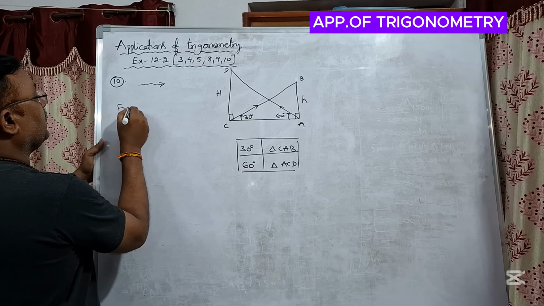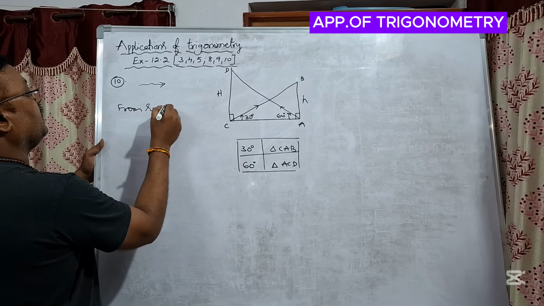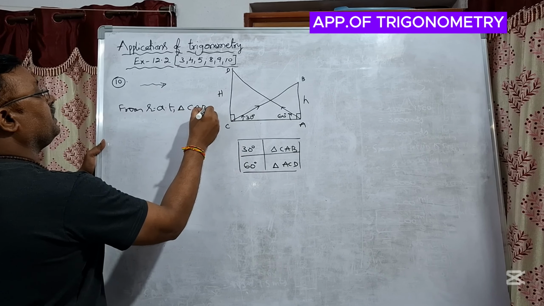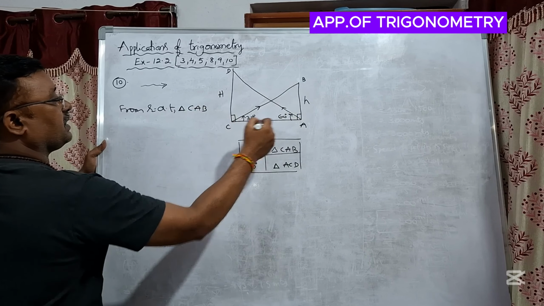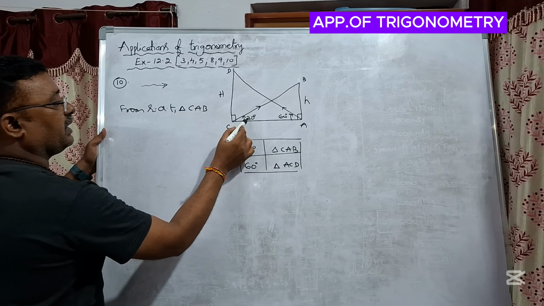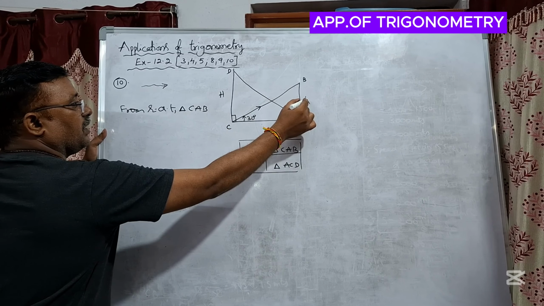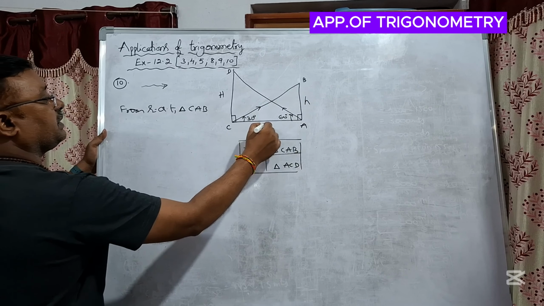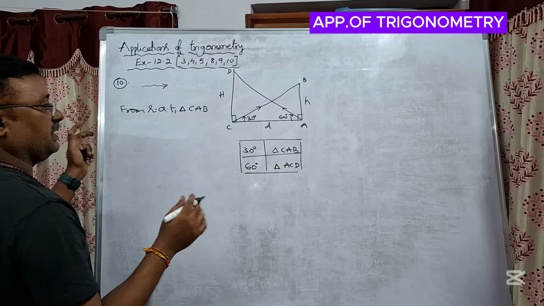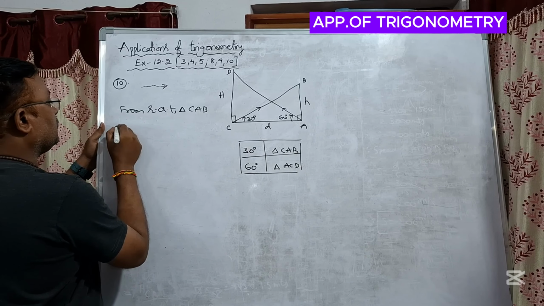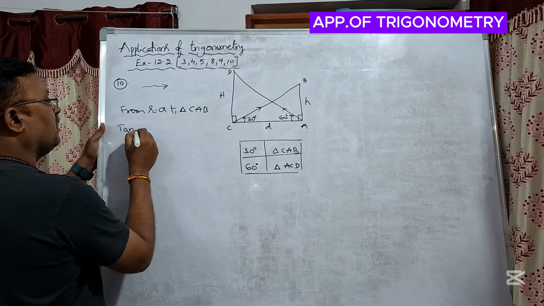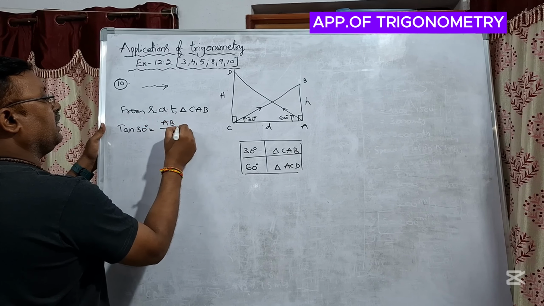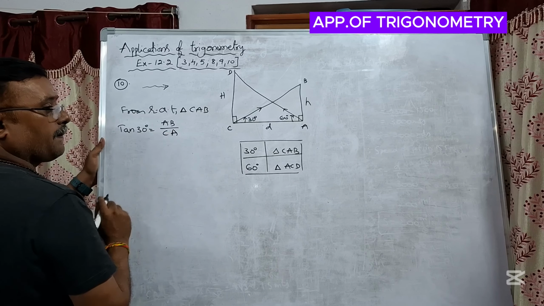Now directly I am taking from right angle triangle CAB. I have the angle, and the opposite side is h. I don't know the CA value. Let the distance between the two objects be d. Now tan 30 degrees equals opposite AB by adjacent CA.